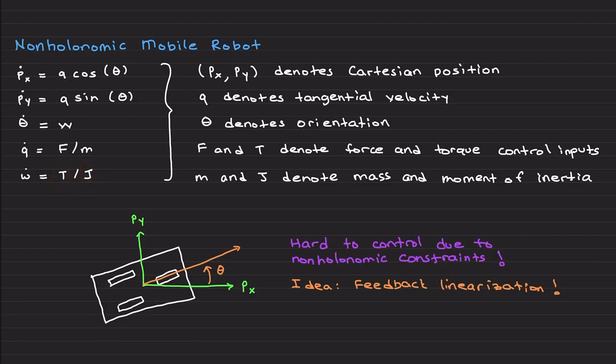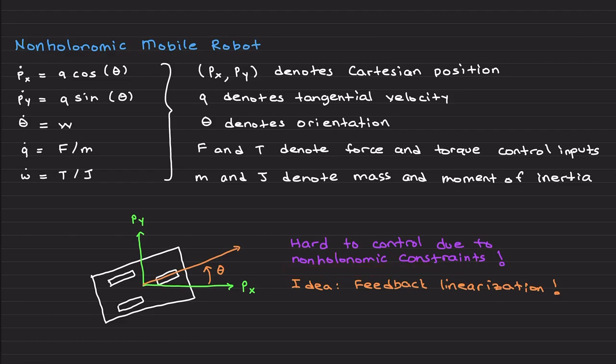So this is a fifth order system. It is a nonlinear system because of these q cosine, q sine terms. And again, F and T denote the force and torque control inputs. In the literature, there are different techniques to control this system. It is hard to control because of this non-holonomic constraint.